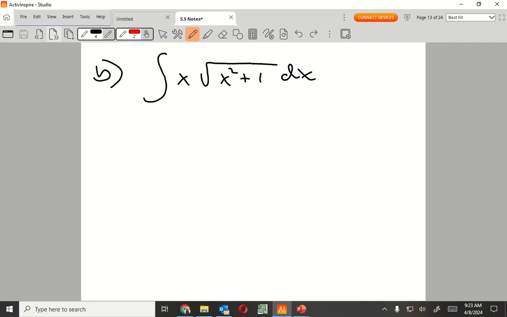So again, look at it. It is a chain, right? It's a product chain. Especially any of them that are chains are the ones that you're going to want to use u.